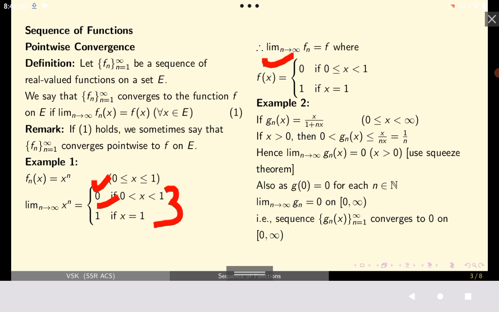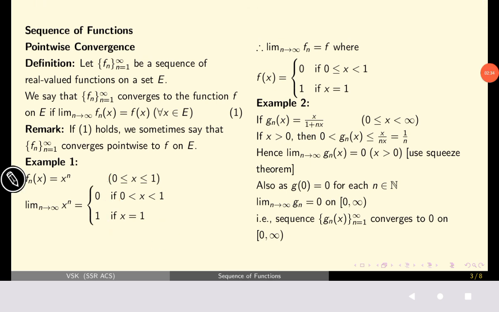Similarly, let us take example number 2. Let gn(x) be defined by x upon 1 plus nx, where x lies in this interval.